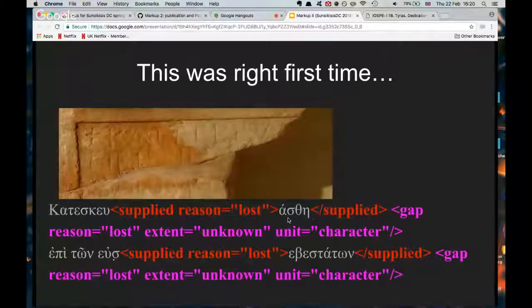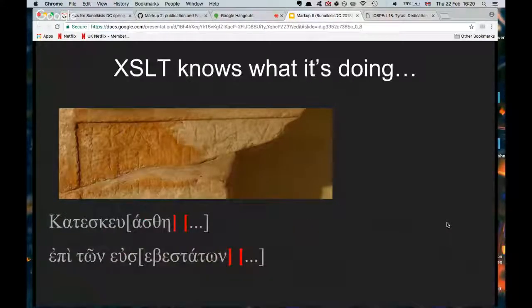What we should do is mark up the text as we did the first time round. We put our supplied text in the supplied tags, and then after that, we put the encoding for our gap. And then when we decide to display our XML as an edition online, the XSLT, the transformation that transforms our XML back into Leiden, takes care of those intervening middle brackets.